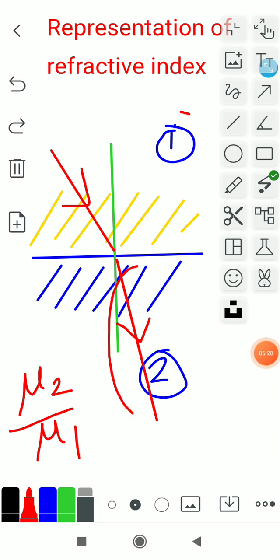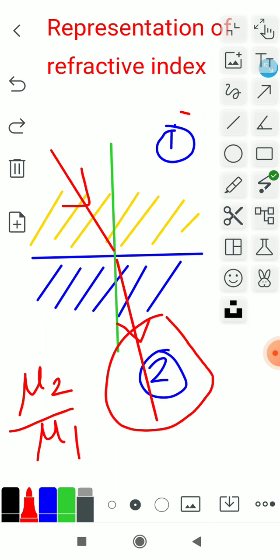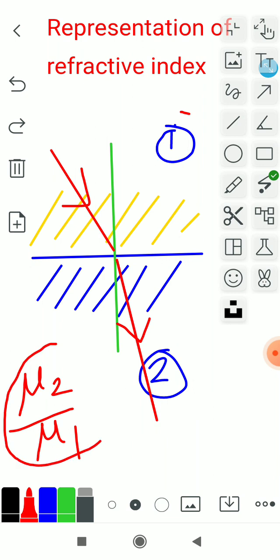Bending of light is happening at medium 2. Understand very clearly: as the light comes from 1 and is refracted, bent and deviated at medium 2, refraction is happening at medium 2. That's why we write mu 2 by mu 1.